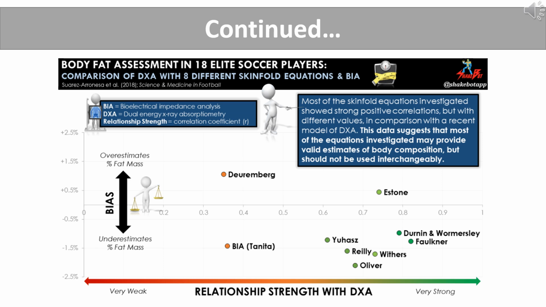So this should give us an understanding that the general mean bias is acceptable, tending to be less than around 2%, but some of them are much more strongly correlated with the results you get from a DEXA scanner. And so we should probably be selecting the formulas or equations that are furthest to the right in green.